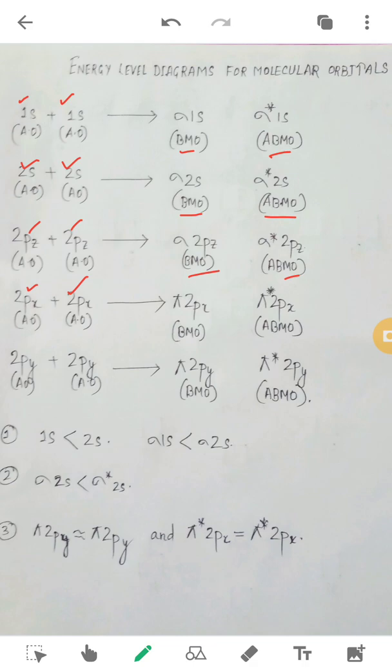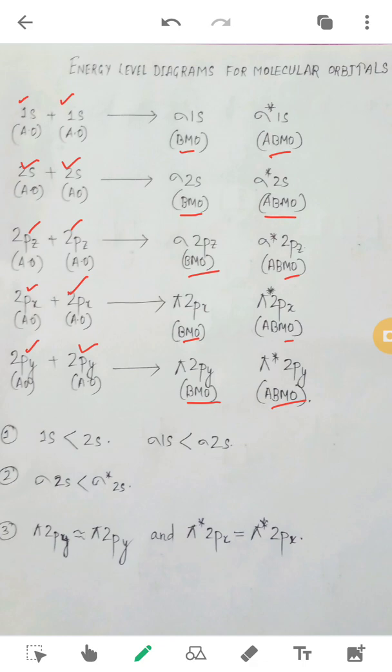One is pi 2px, that is your BMO, and pi asterisk 2px, that is your ABMO. Similarly, when the py orbitals combine, we again have pi molecular orbitals. One is pi 2py, which is your BMO. The other is pi star 2py, which is an ABMO.